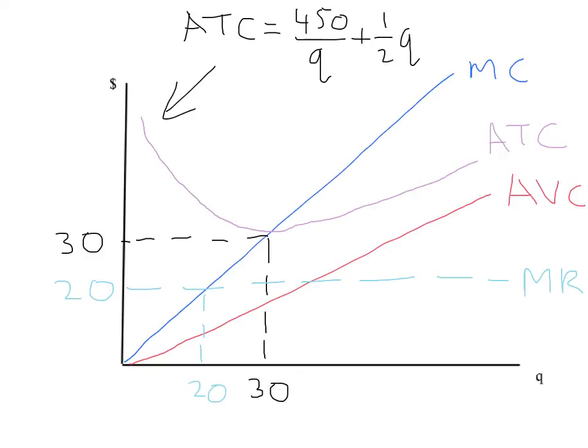How do we know if it's going to want to continue or not in the short run? Well, notice that this firm is making a loss. That's easy to work out. Notice that the average total cost for this firm when the output is 20 is simply given by 32.5. So this firm's making a loss. Its average total cost at an output of 20 is above the price that it receives. Its loss is given by the two areas, this blue shaded area and the red shaded area under here.